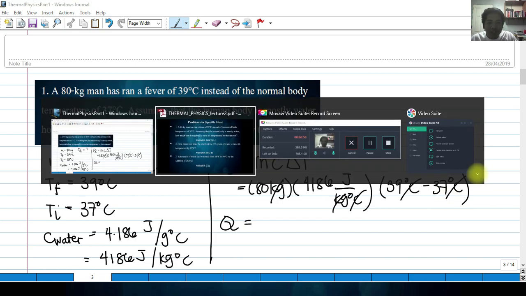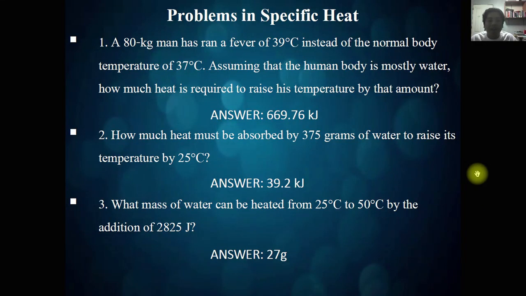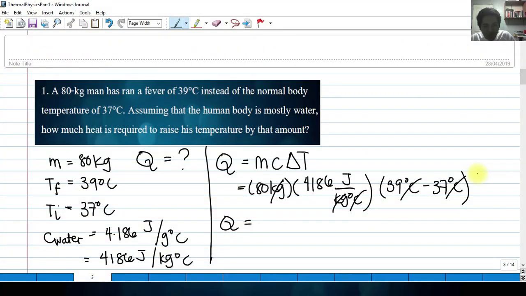Computing that, we should have an answer of 669.76 kilojoules, or in other words, that is equivalent to 669.76 times 10 raised to 3 joules.